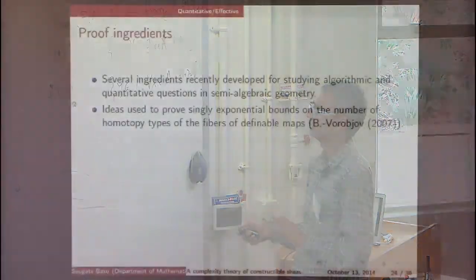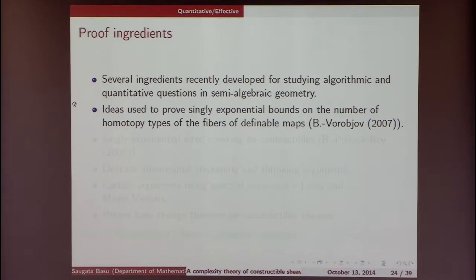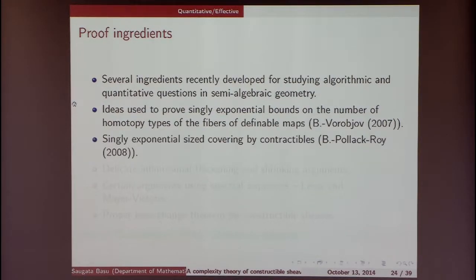Maybe you can think of this as the case of the theorem where the sheaf upstairs is just the constant sheaf, and then a singly exponential size covering by contractibles relates to your question. So we have developed, for some other purposes, an algorithm of singly exponential complexity that gives you a covering of a given semi-algebraic set by locally closed semi-algebraic sets which are contractible.